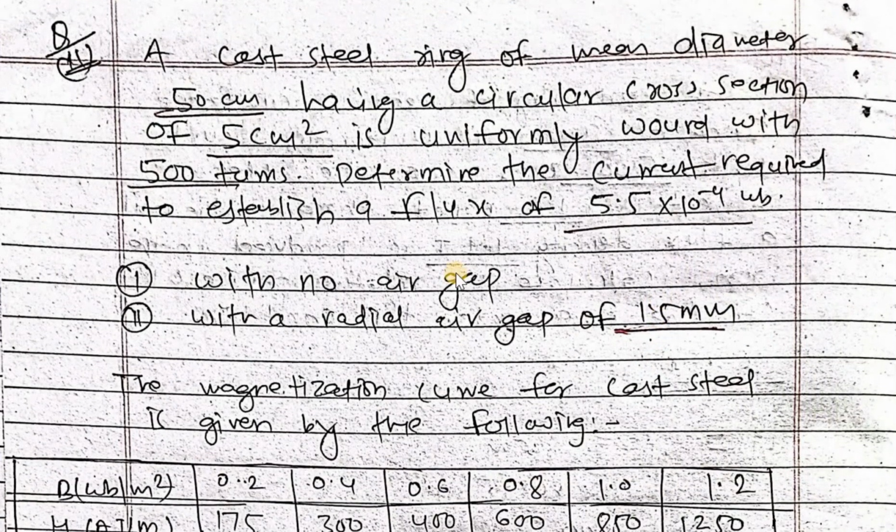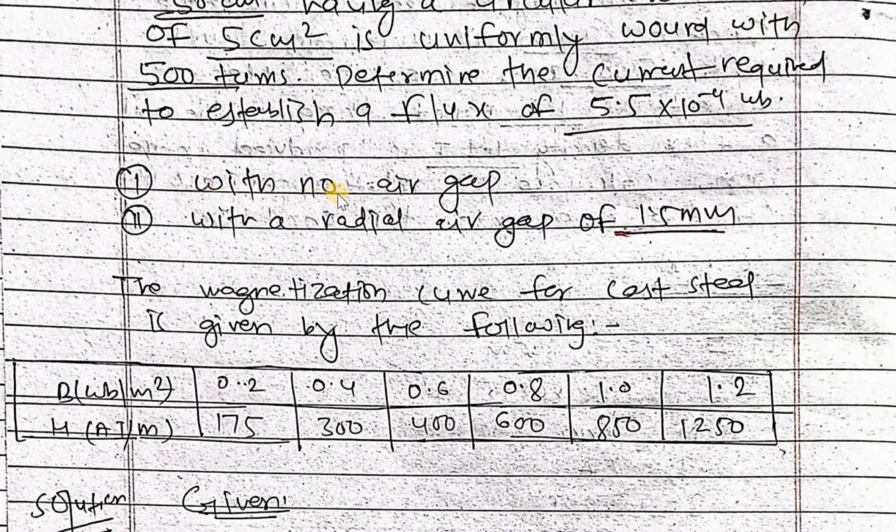And the next problem is a cast steel ring of mean diameter 50 centimeter having a circular cross section of 5 centimeter square, uniformly wound with 500 turns. Determine the current required to establish a flux of 5.5 into 10 to the power minus 4 Weber with no air gap and with a radial air gap of 1.5 mm.